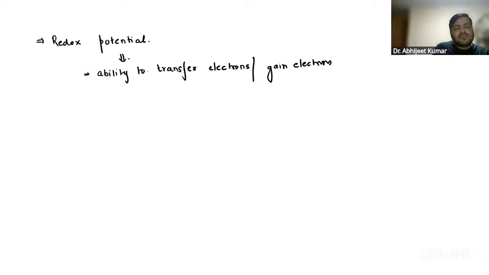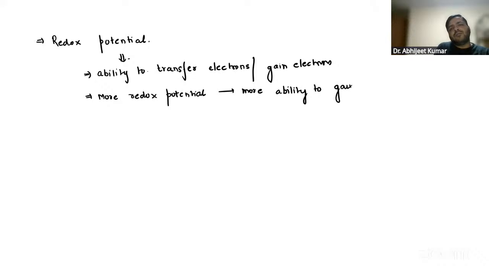Now, if there is more redox potential, there will be more ability to gain electrons. There will be more ability to gain electrons, right? So if we have more redox potential, there will be more ability to gain electrons.